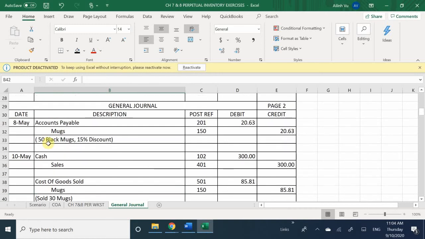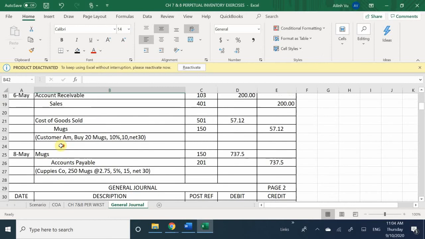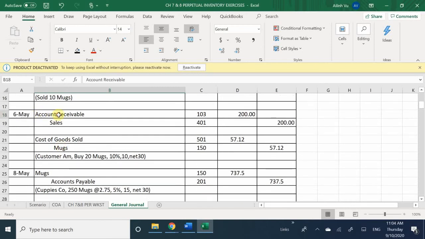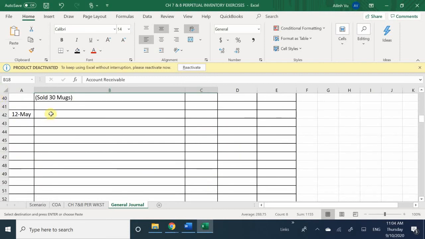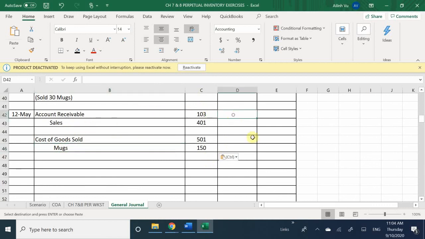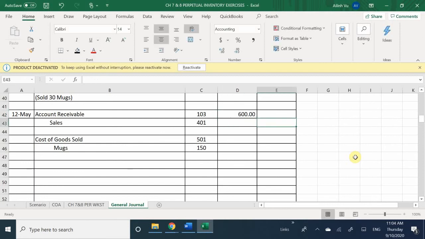Is it accounts receivable? Accounts receivable is first. So I'm going to go up here and copy this information. Because we're dealing with accounts receivable, we have sales, and we're going to do a cost of goods sold and mugs again. So in this case, how many cups did we sell? Total $600, yes.